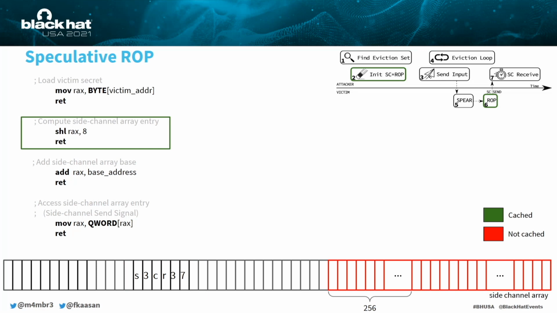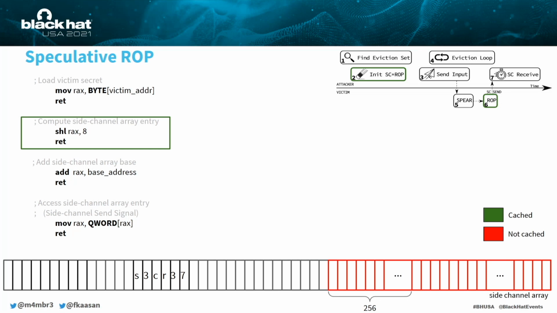The next gadget will compute the exact offset in the side channel array that corresponds to the victim secret byte value. To reduce the noise at the receive end, each side channel array element is of size 256. The noise source here comes from adjacent cache lines being fetched together with the requested line.